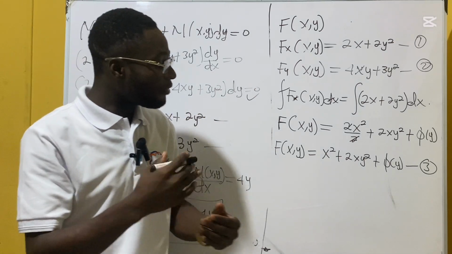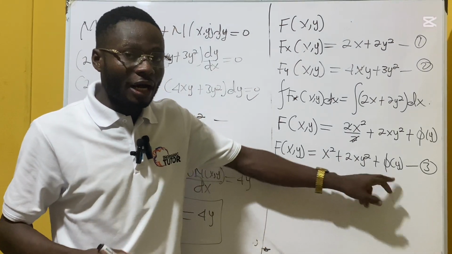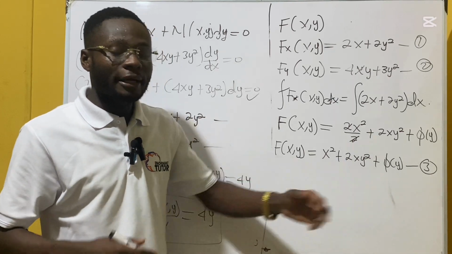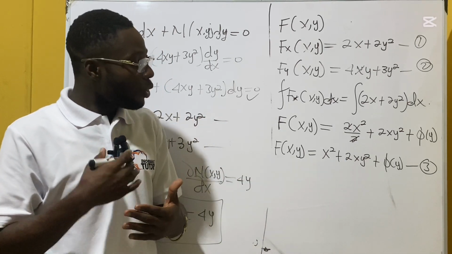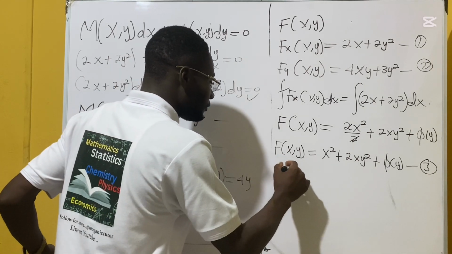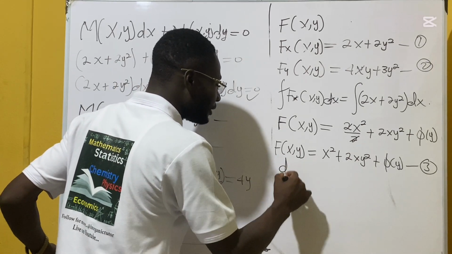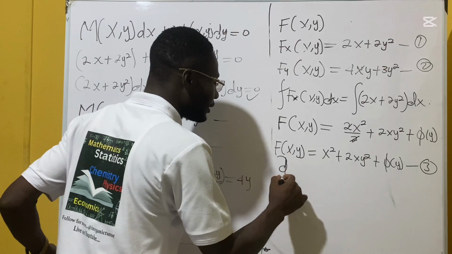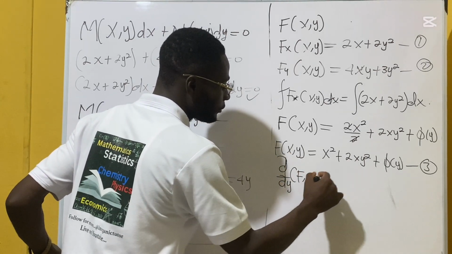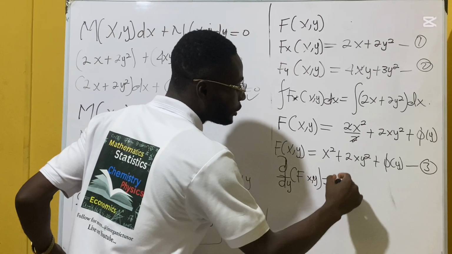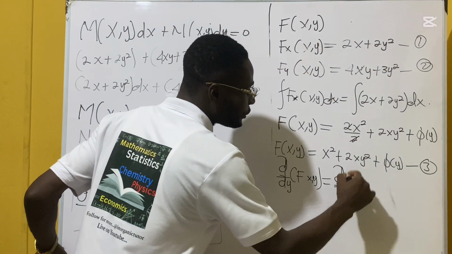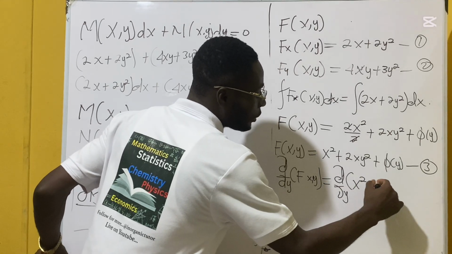Now, in order for us to get our phi of y, what we do is we differentiate equation 3 partially with respect to y. So the differential of equation 3 partially with respect to y is equal to the differential of this partially with respect to y.